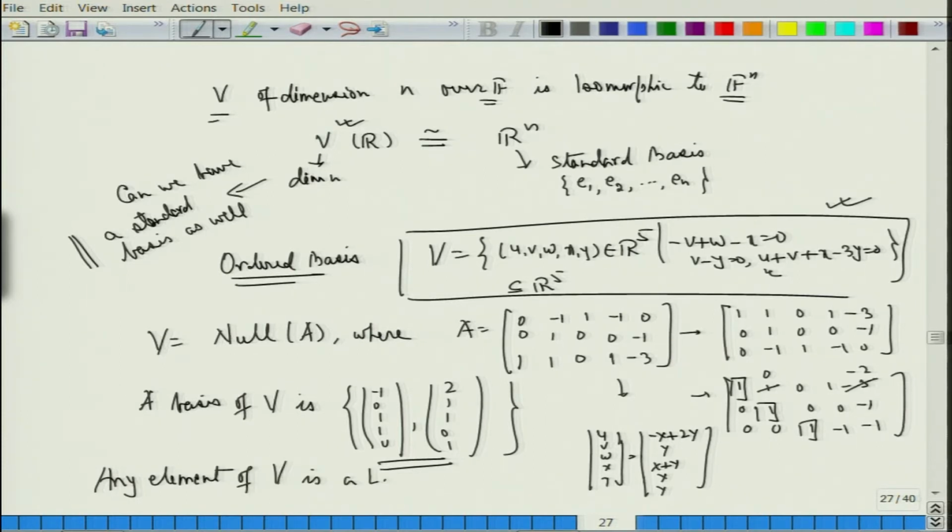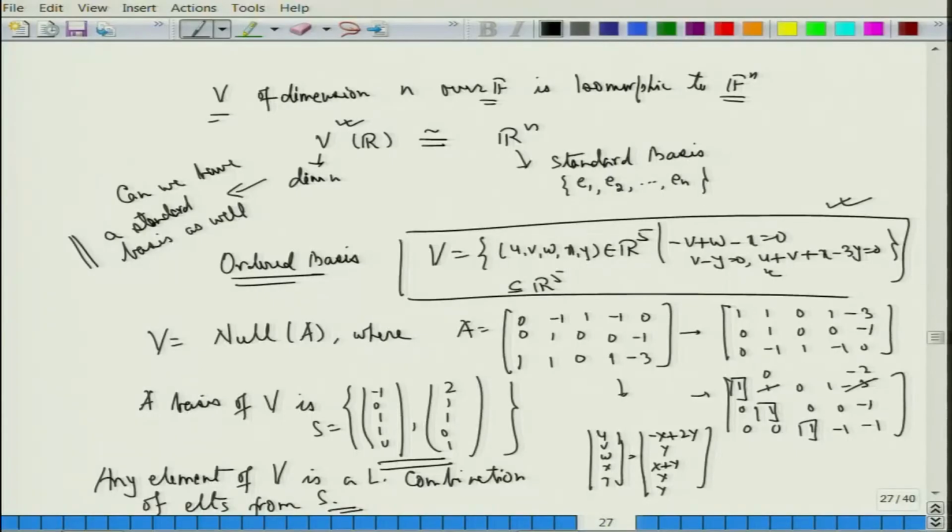is a linear combination of elements from S. As we started in the system of equations, we said that my first column corresponds to the variable x1, second to the variable x2, and so on.